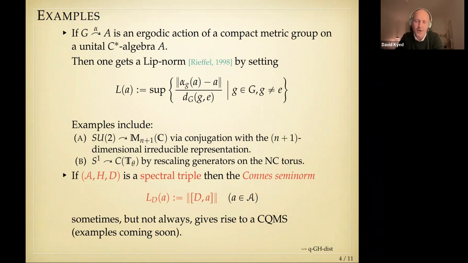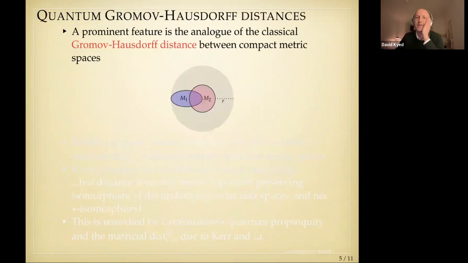All right. So I wanted to tell you about this quantum Gromov-Hausdorff distance, and I don't want to get too far into the technicalities, but I wanted to remind you roughly the idea in the classical case.